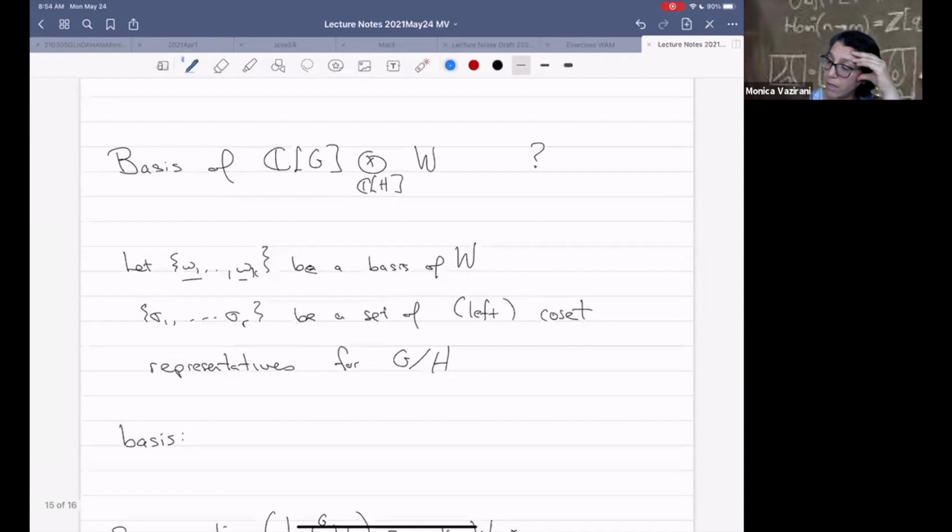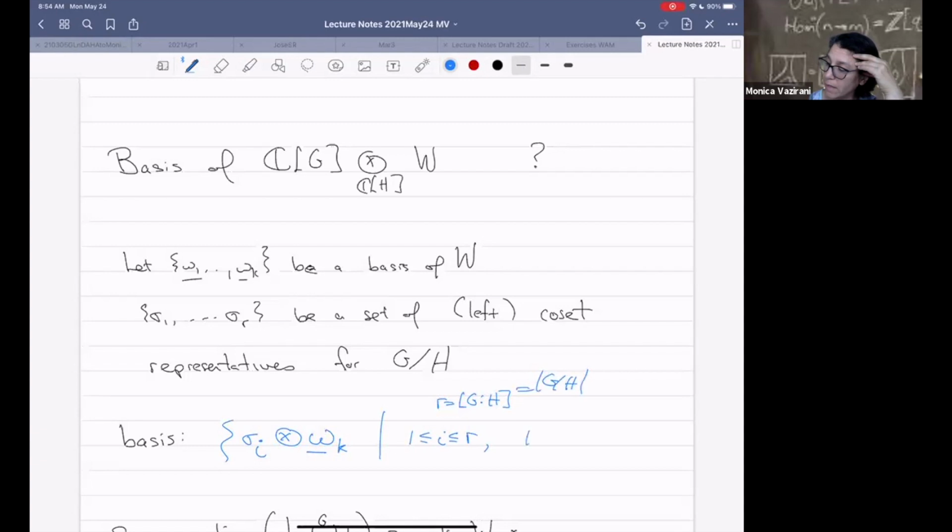And if I do that, my basis will be of the form sigma i tensor wj, for i between 1 and r, where r is the index of H in G, in other words, how many cosets I have.